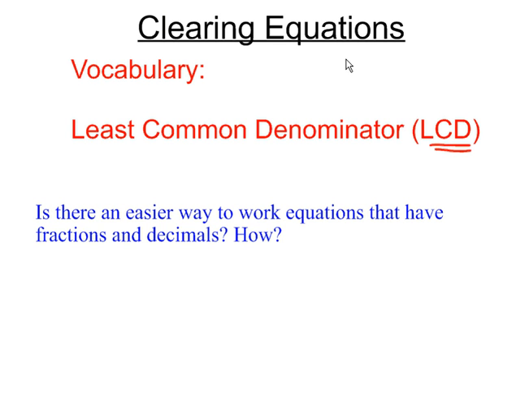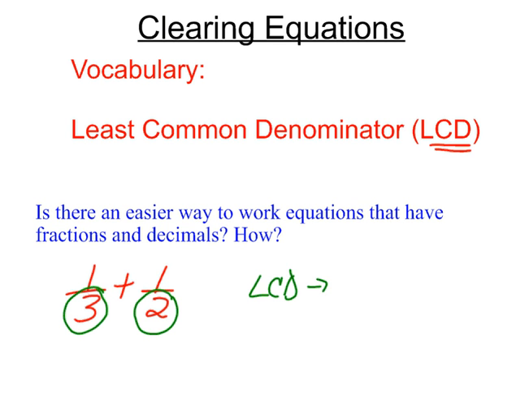If I had a couple of fractions, like 1/3 and 1/2, and I was trying to add them together, the problem is I can't add them because they have different denominators. To find the least common denominator, we try to find a number that both 3 and 2 can go into. We know that 3 and 2 can both go into 6. So 6 becomes our least common denominator.